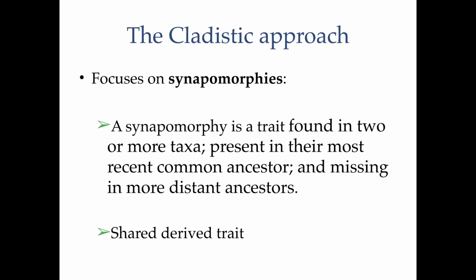In other words, it will be present just in one group there. We can also call it a shared derived trait. Why shared? Because it is present in two or more taxa. Derived because it was not present in more distant ancestors, it was just in that most recent common ancestor.